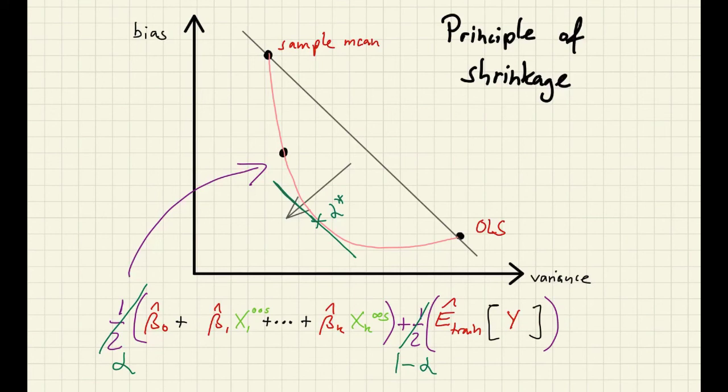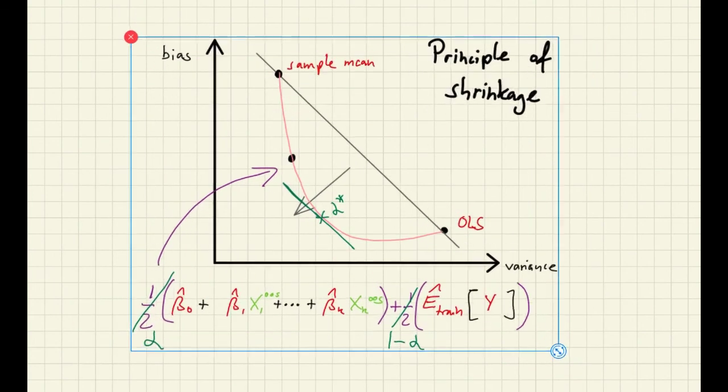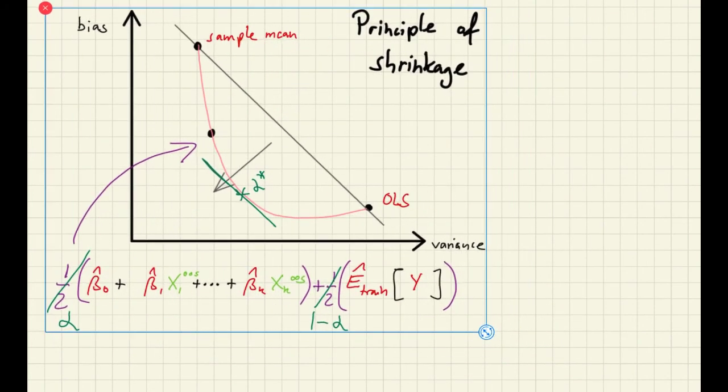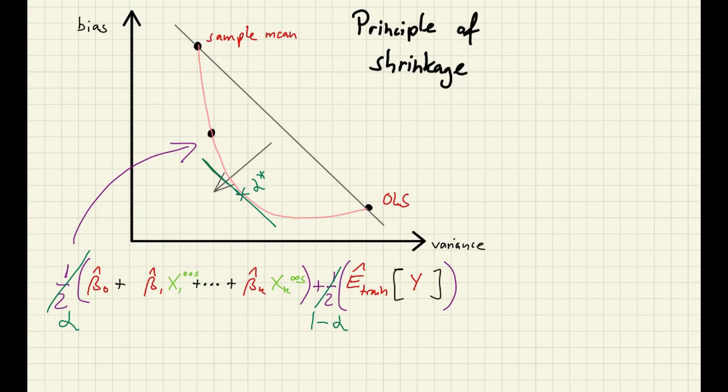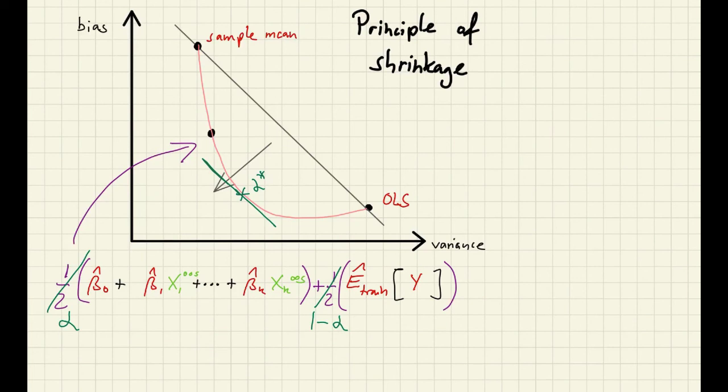The principle of shrinkage is not applied in practice like this. So people don't actually compute OLS prediction and sample mean prediction and combine them in this way. A predictive method that is almost doing this is called ridge regression.